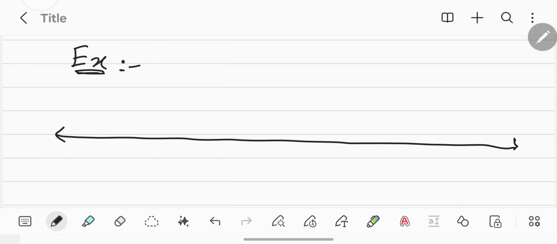Suppose this is a real line. Here you have 0, here you have positive numbers, and here you have negative numbers. Suppose you have here negative 9 and here you have positive 9. I will take the square root of this and then the square root of this.